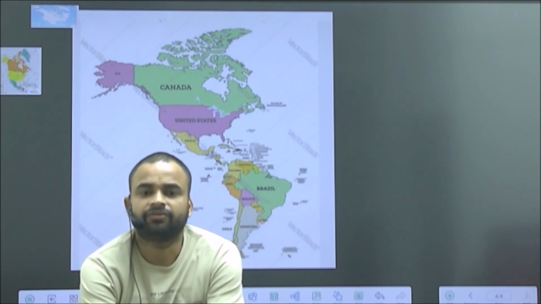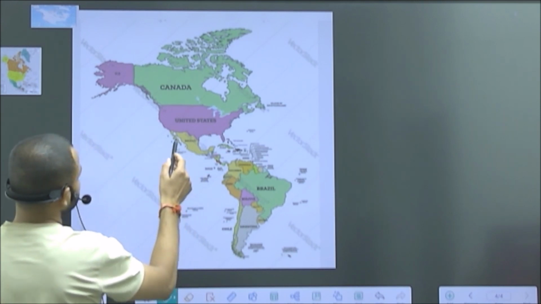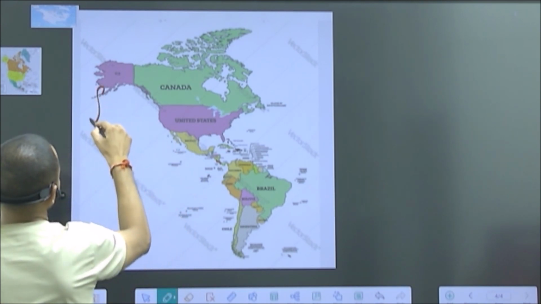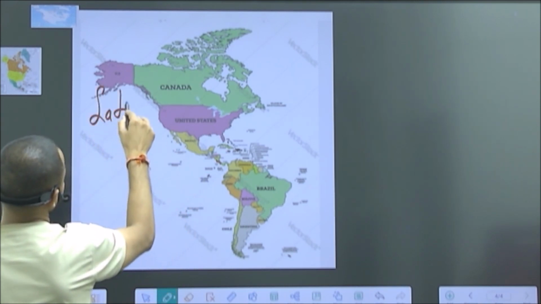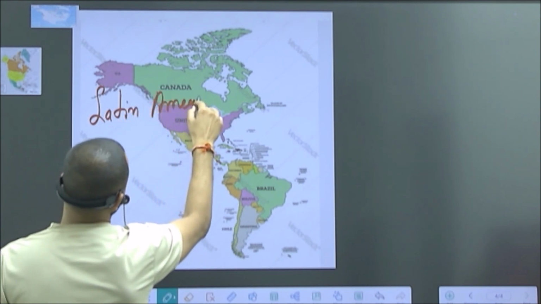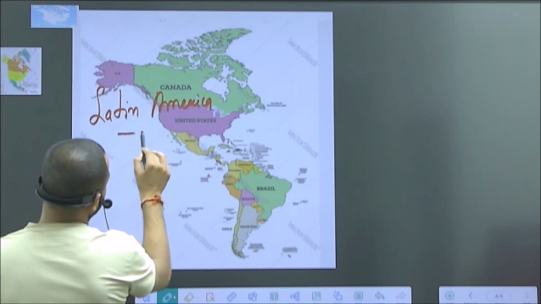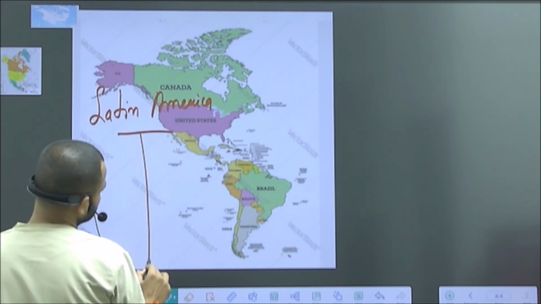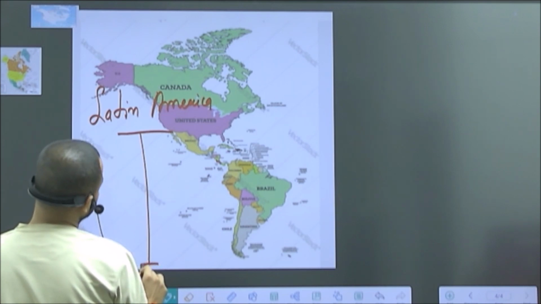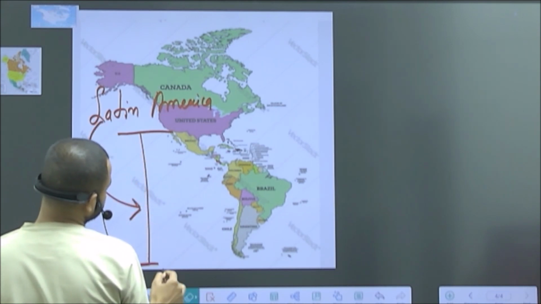So you have to know first of all Latin America. Latin America means land from Mexico to the southern part of South America.